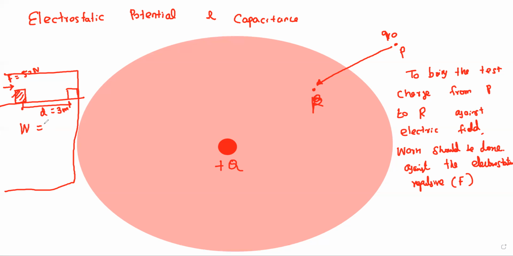Do you have any idea about that? If the force is equal to 50 Newton and with that force you move the object 3 meters, what will be the work done? Any idea? Yes, work is equal to force into displacement.